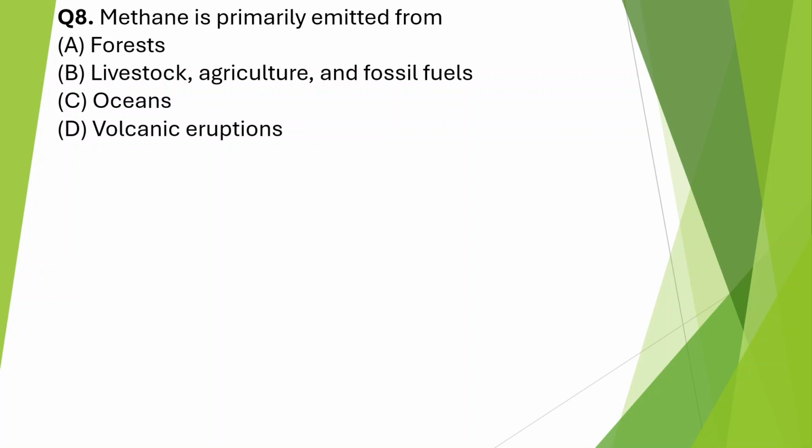So most of you are voting for option B, as I can see. Others also try to give your opinion on this particular question, whether it is correct or not. We'll see.